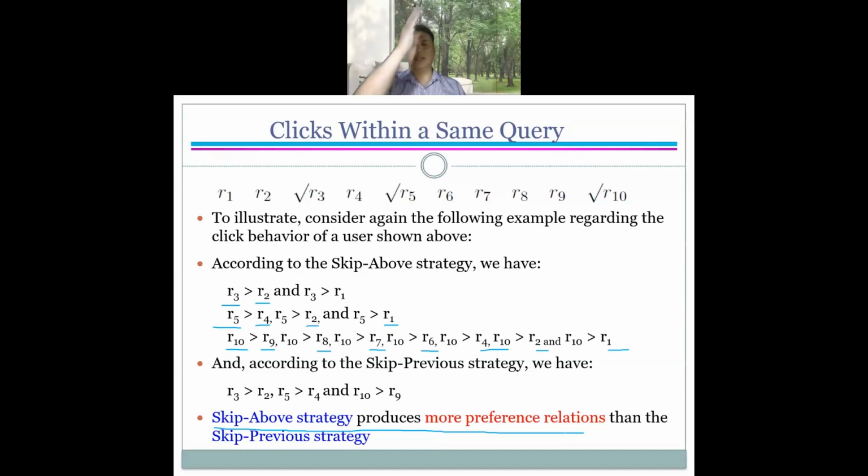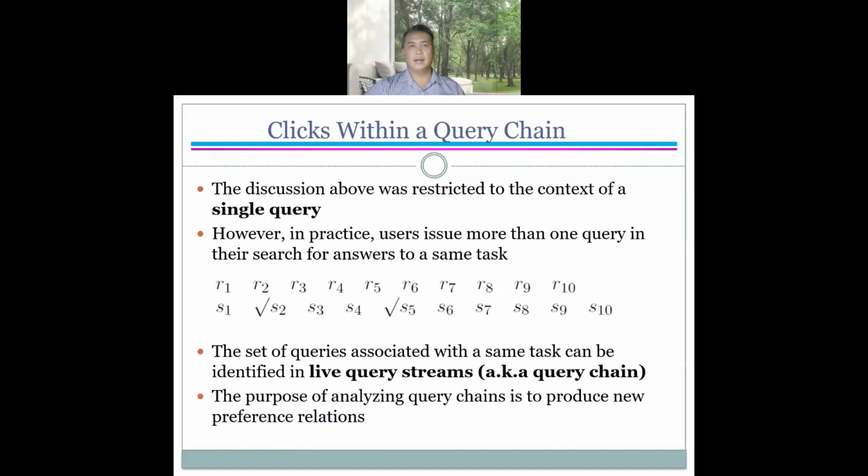That is what we call a chain. We look at the first result, but none of them are relevant, so we skip, then we change the query, and then we found two of them. This is what we call the query chain.